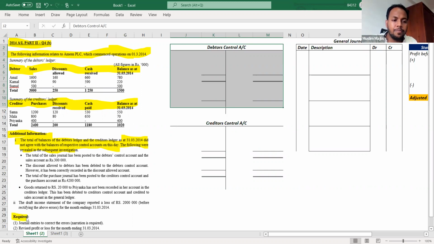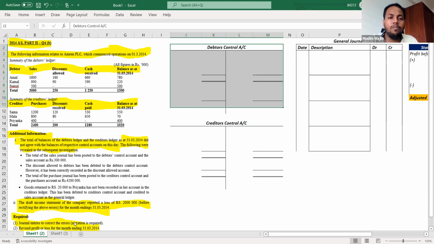Required is, and also number 2, they have given the draft income statement of the company, which reported a loss of 2 million before rectifying the above errors. So before correcting the errors, the loss is 2 million. Required: journal entries to correct the errors, so error correction, and calculating the revised profit.